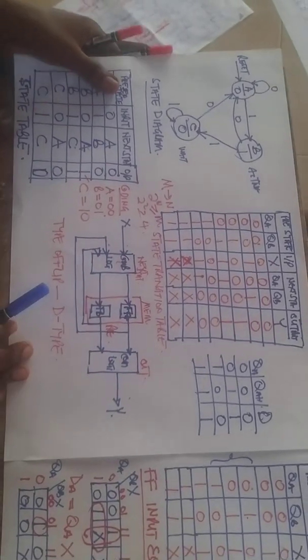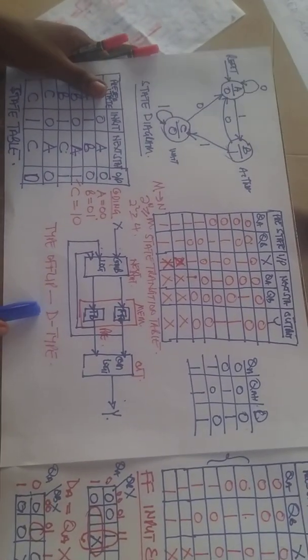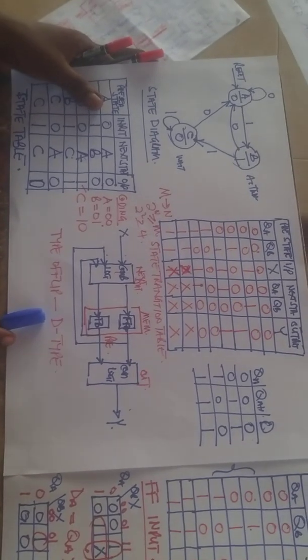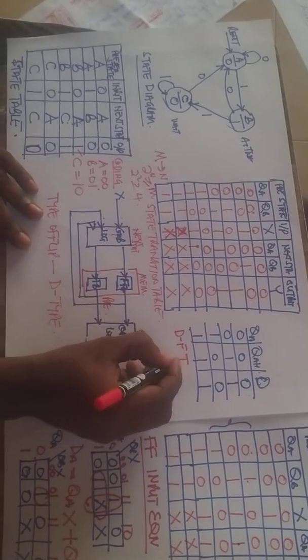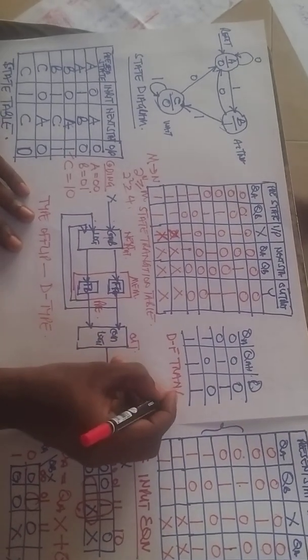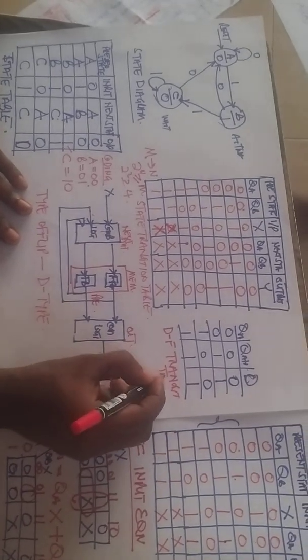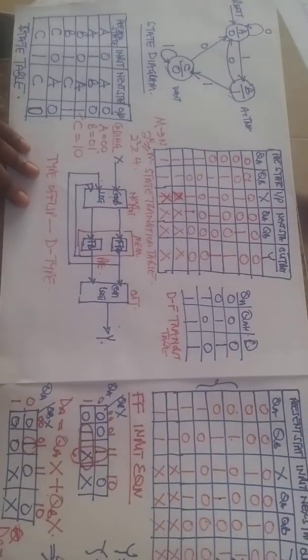We decide on the type of flip-flop to use, and then we came out with the D flip-flop transition table, or the characteristic equation transition table.